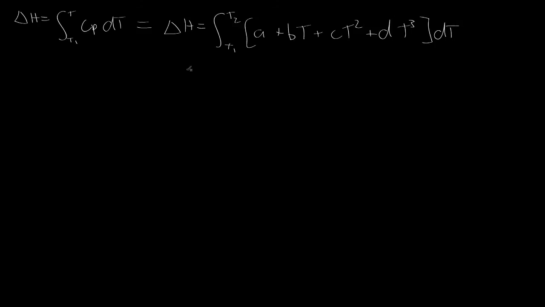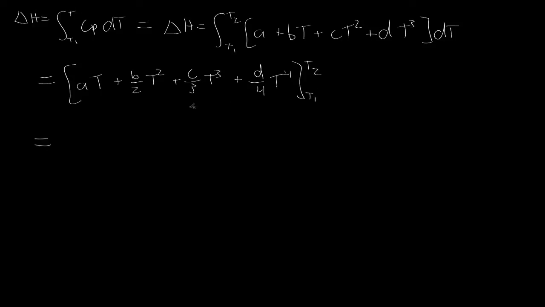This polynomial expression is straightforward to integrate, and we can develop an expression for the delta H. Substituting in the T1 and T2, we can come up with our expression for delta H as a function of changes in temperature.